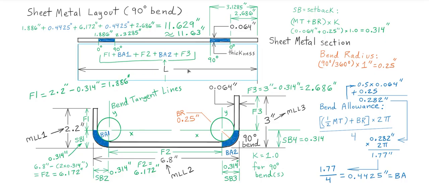And so if we keep going here, we have a calculated value of 11.63 inches for the unbent length. And then when you place the unbent sheet metal in the brake in sequence, first left and then right, you'll have this finished product here, this bracket, without any stress risers, ready to be installed and riveted.